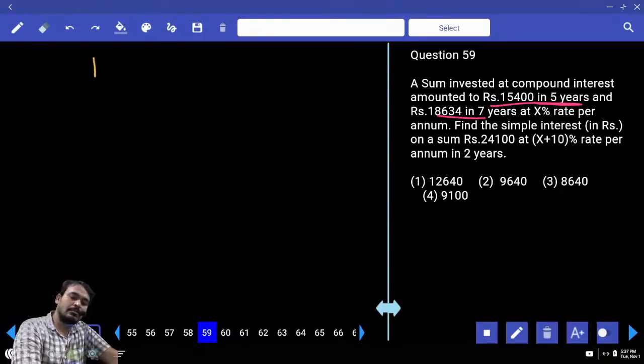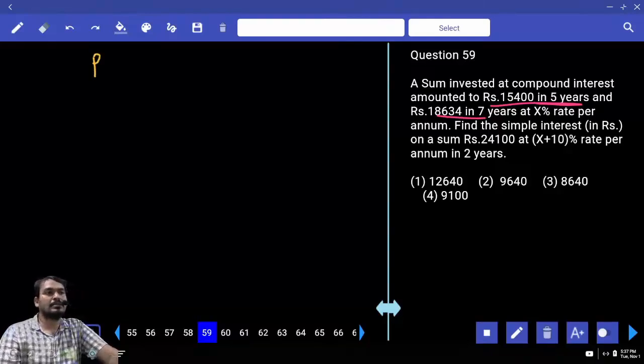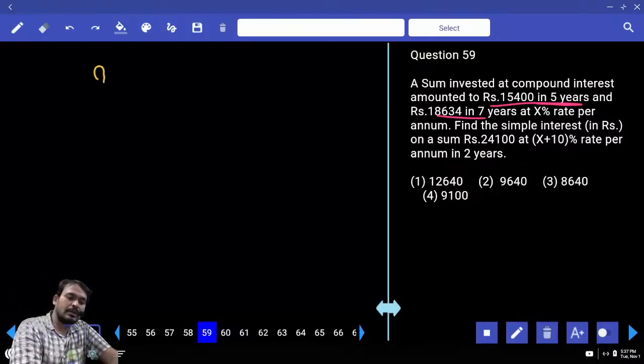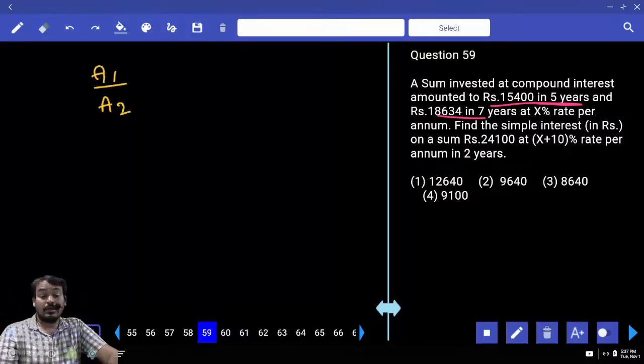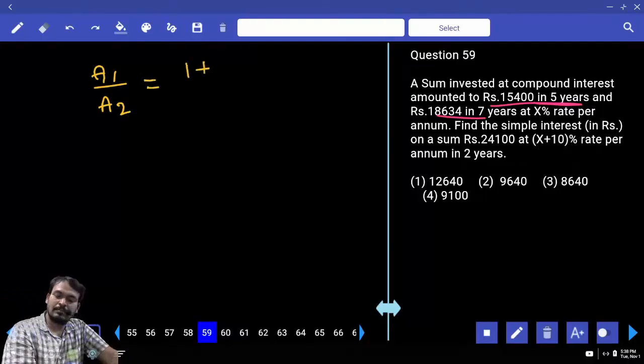Then is the principal the same or different in both cases? Same. The principal in both cases is the same, but the amounts in both cases are different, or not. This one we write as A1 by A2. A1 means the amount in 7 years. A2 means the amount in 5 years. One is 1 plus R by 100 whole power 7.